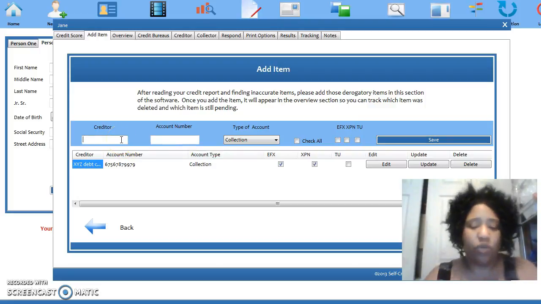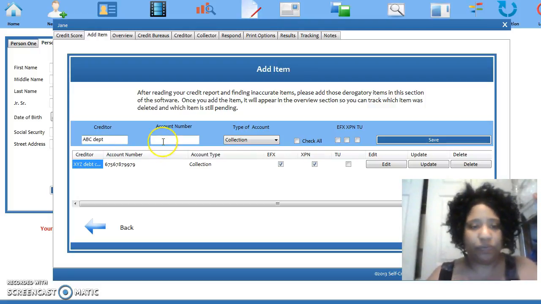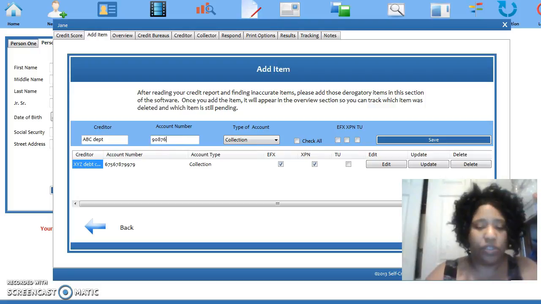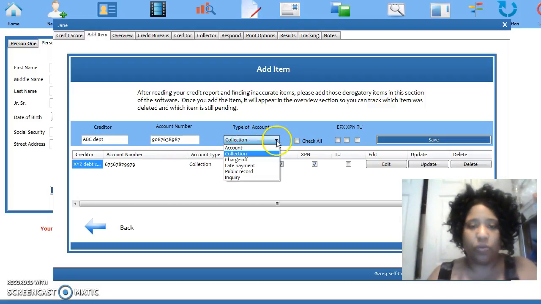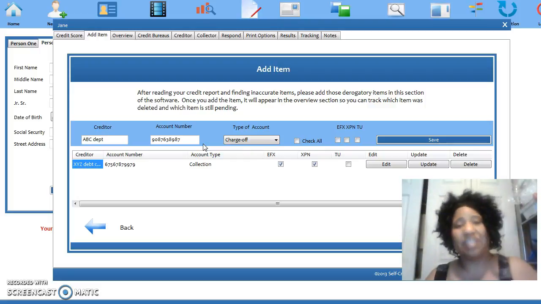Okay, then the next thing we're going to say is ABC department store. And we're going to just put in a dummy number. And with this one, we are going to say charge off. Now remember, when I'm always sharing information, I tell you that there is a time limit of when an original creditor, that would be ABC department store, decides to charge off your credit.